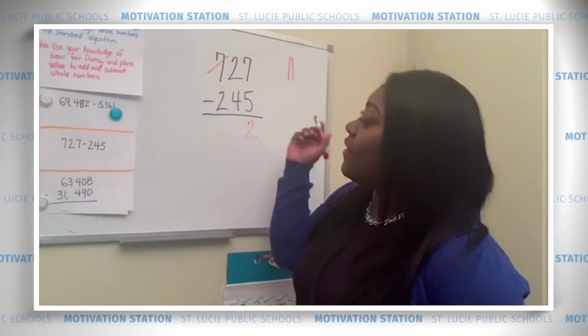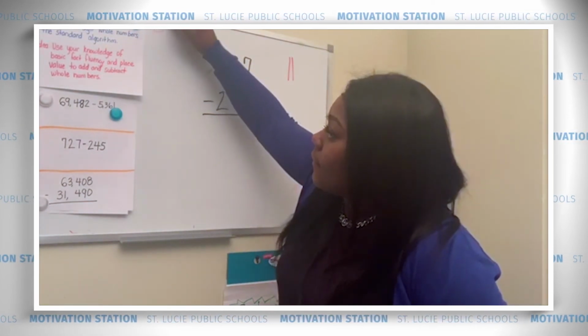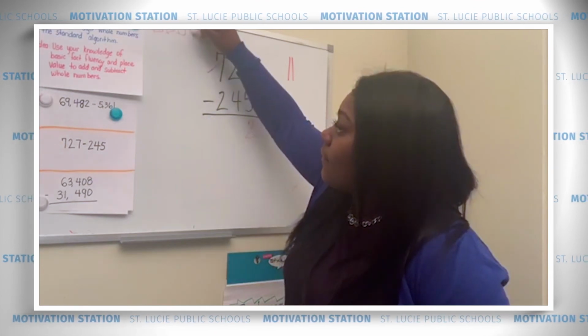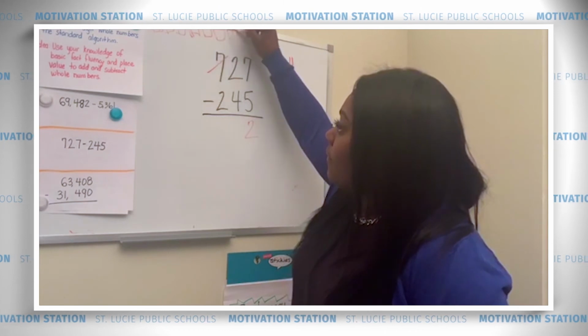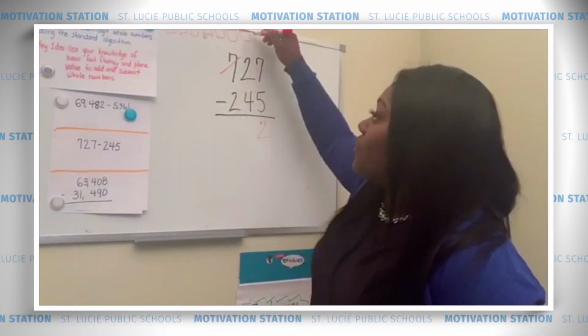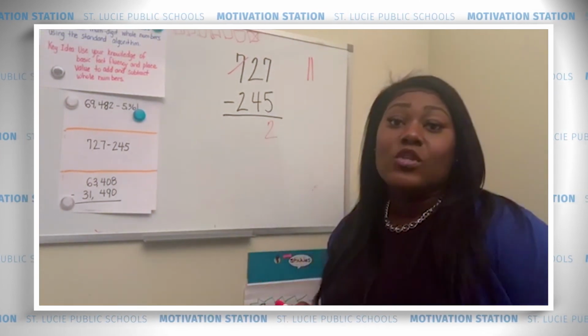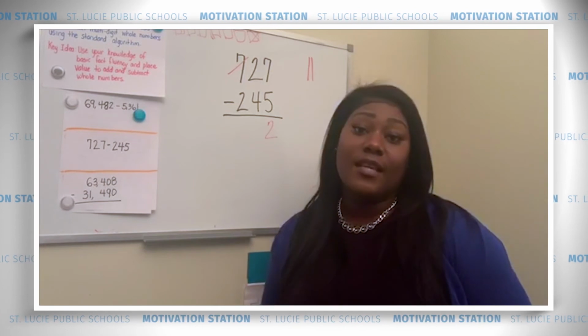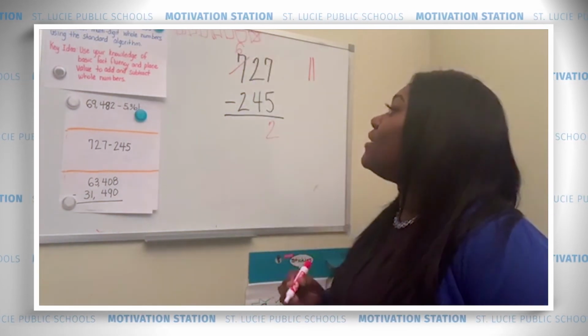There are 7 hundreds there. I am going to regroup one of those hundreds into tens. So if there are 7 hundreds there and I regroup one of them, there will be 6 hundreds left.